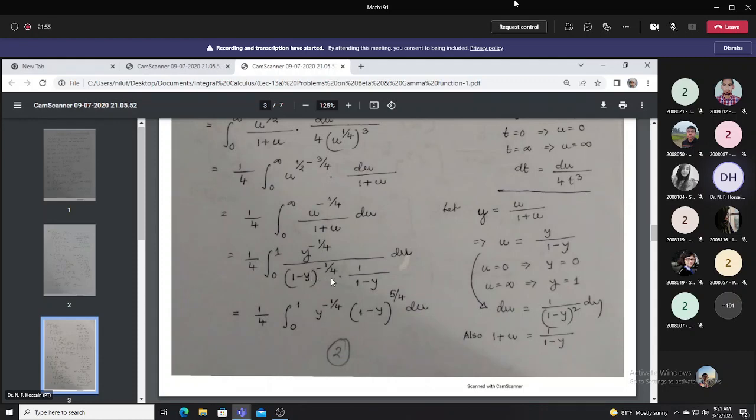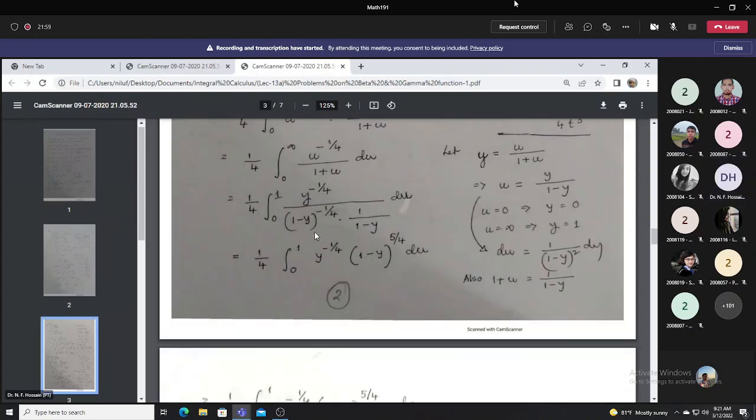And in place of 1 plus u, u is y by 1 minus y, and 1 plus u. If you add a 1 here, in the upper part y minus y will cancel out. It will be just 1 divided by 1 minus y. So the value of 1 plus u is nothing but 1 over 1 minus y. Now you do the algebra.